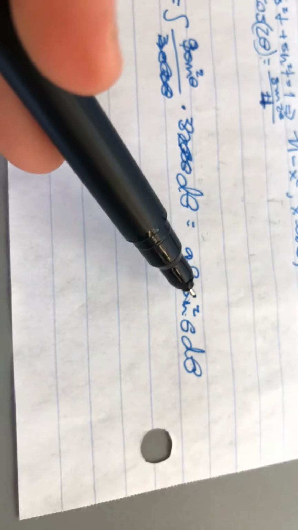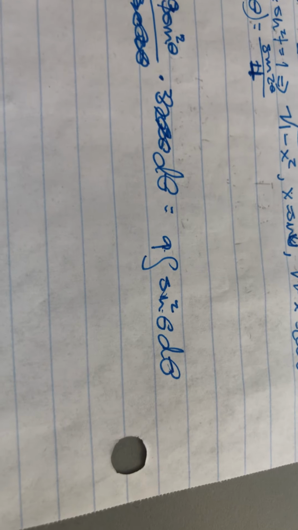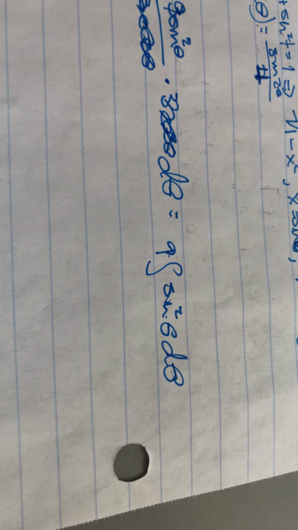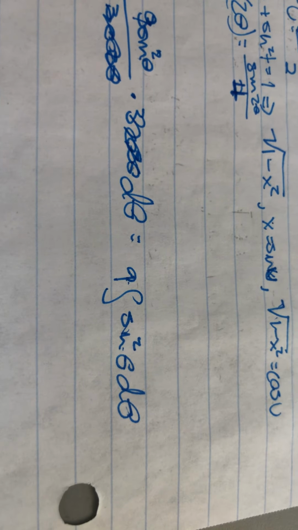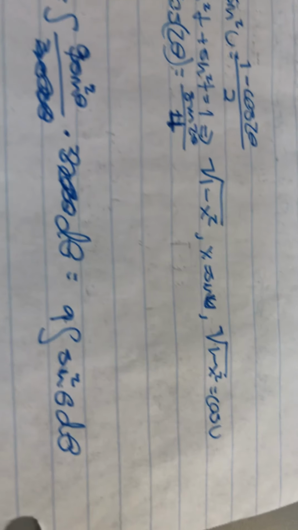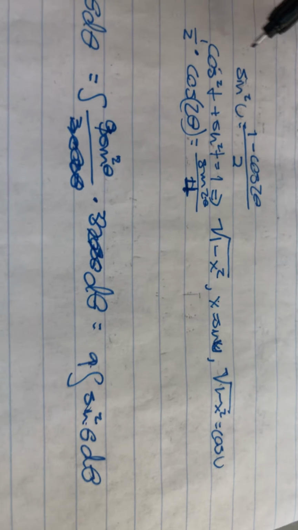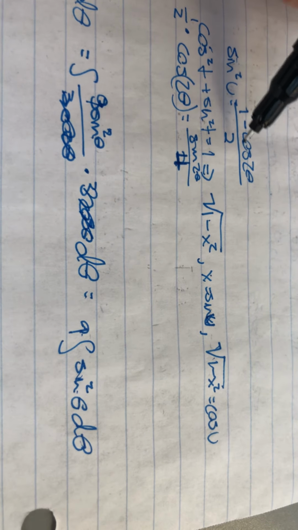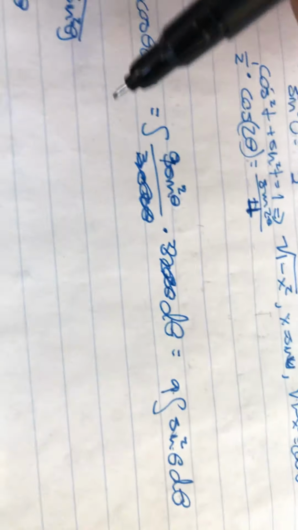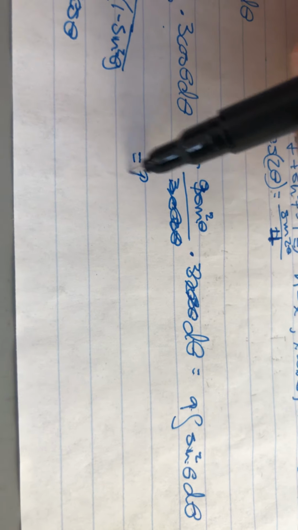Okay, so now we need to find the value of 9 times the integral of sine squared of theta d theta. And what are we going to do there? Of course, we're going to use some more definitions that we have. So remember how I wrote over here sine squared of theta equals 1 minus cosine of 2 theta over 2. I am going to plug that in over here.